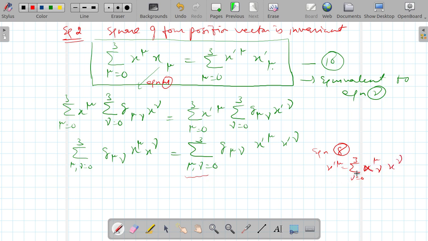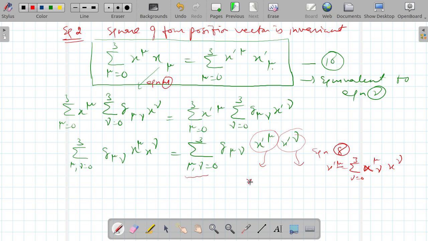Since mu and nu are already used, because it is shifting from mu to nu, I will express these in a similar fashion but with different indices.